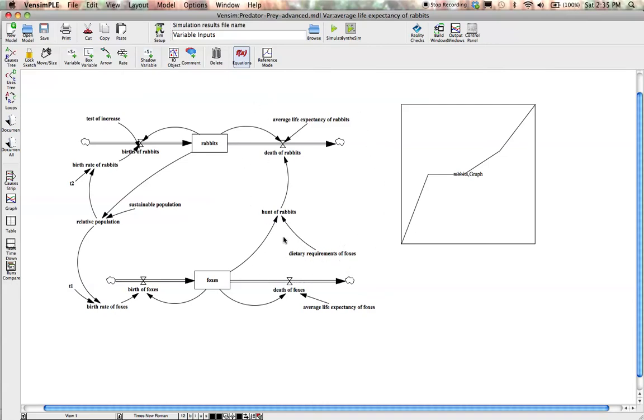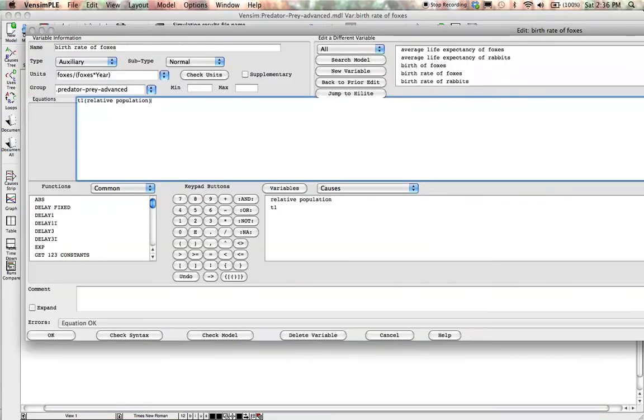Let's take a look at the foxes. The foxes in this model can be born, and the birth of the foxes is handled in a similar way as the birth of rabbits. It's essentially a lookup table, table T1, where the birth rate of the foxes is a function of relative population.